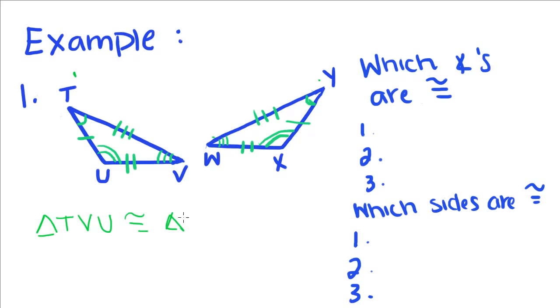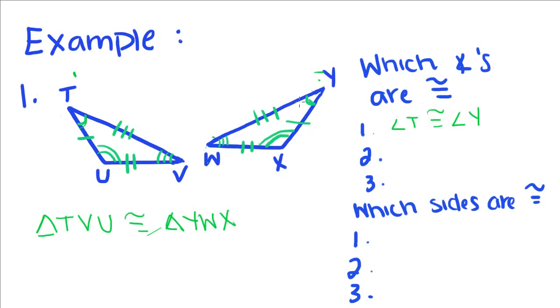So triangle Y, W, X. We have to name them the same way because corresponding angles and corresponding segments have to be congruent. So this means that angle T should be congruent to angle Y based on the way we named it.